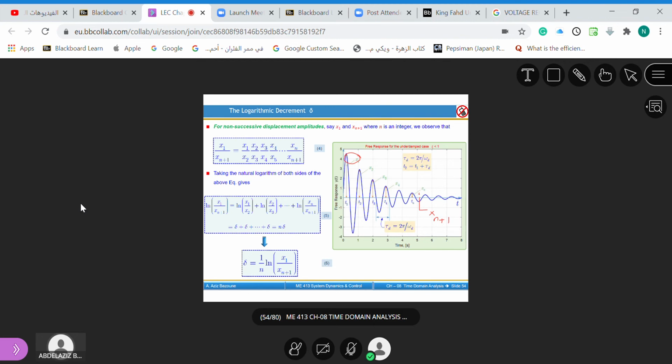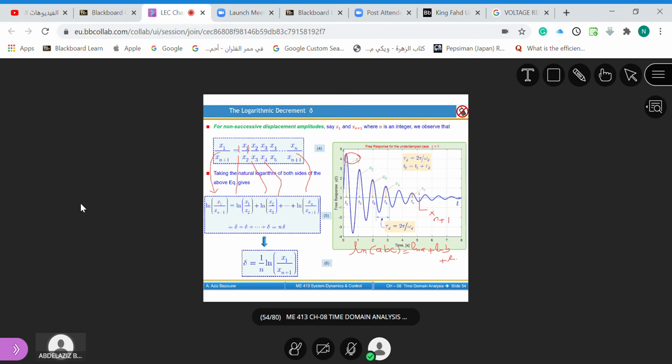And if you remember the logarithmic expression, log of a b c is equal to ln a plus ln b plus ln c. We can use this formula. So this will be ln of x1 over x2 plus ln x2 over x3 plus ln x4 over x5 and so on, up to ln xn over xn plus 1.